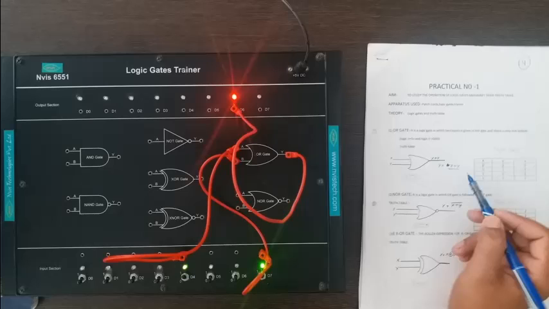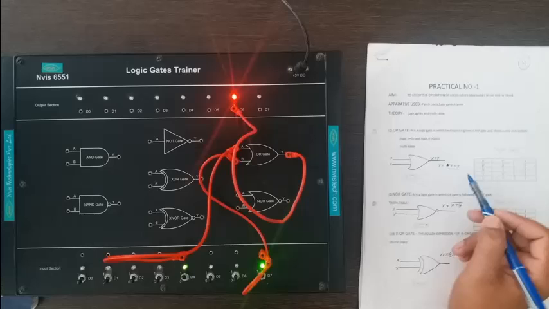Second case is 1 1, your output should be 0. When either of the inputs is high, at 1 0 or 0 1, your output is high.